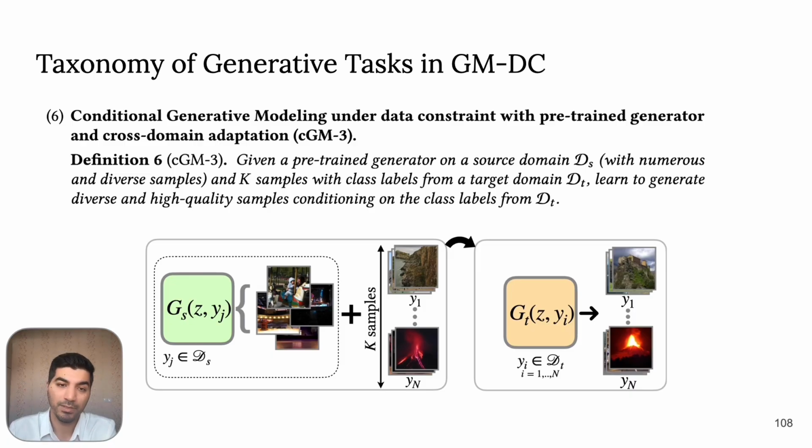In addition to this pre-trained generator, we have K-shot samples with class labels from the target domain. And we want to use the knowledge in the pre-trained generator to be able to generate diverse and high quality samples from the target domain. But this is a conditional generation, so this generation is conditioned on the labels.